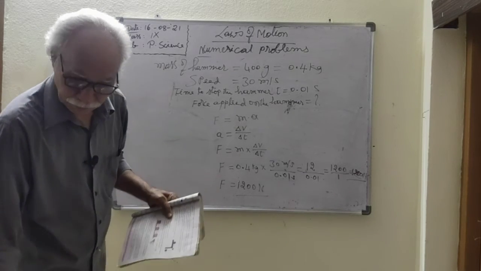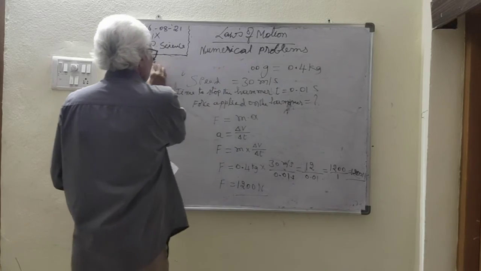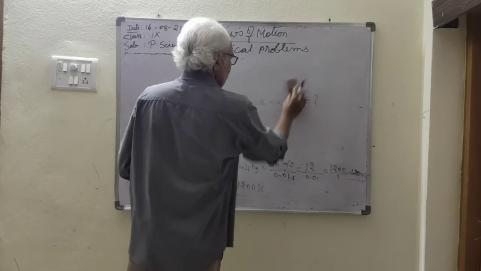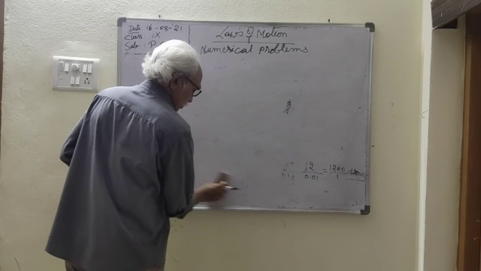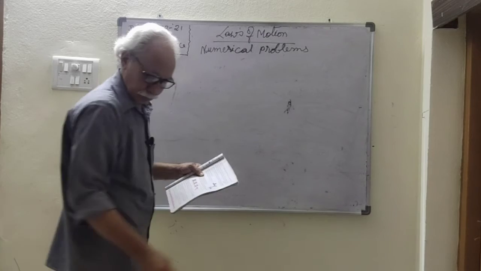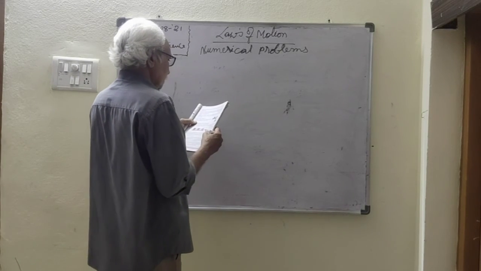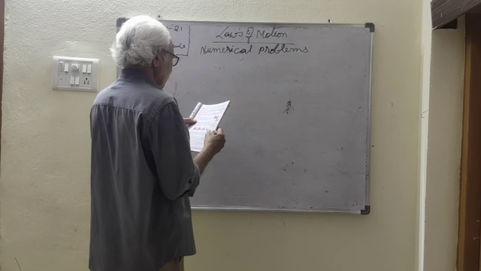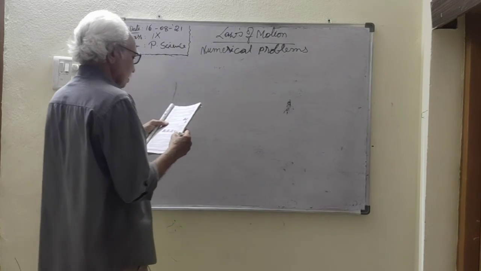Next, another problem. Find the acceleration of the blocks and the tension in the string. g is 10 meter per second square.